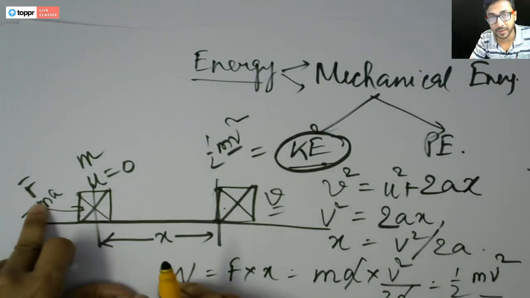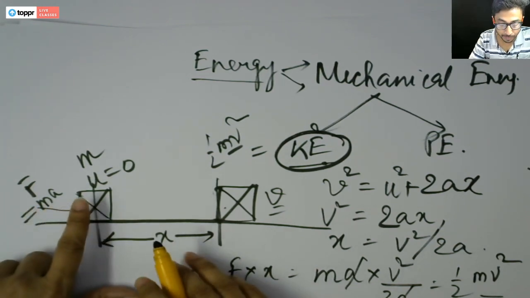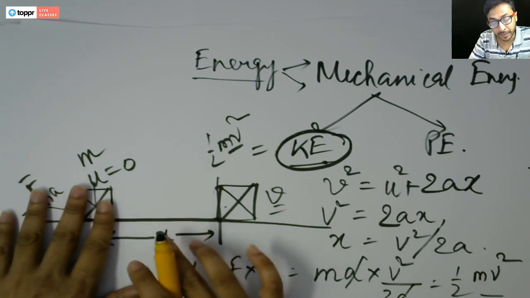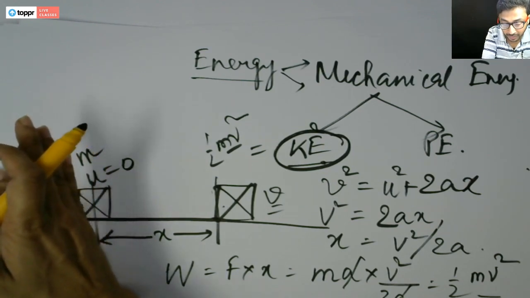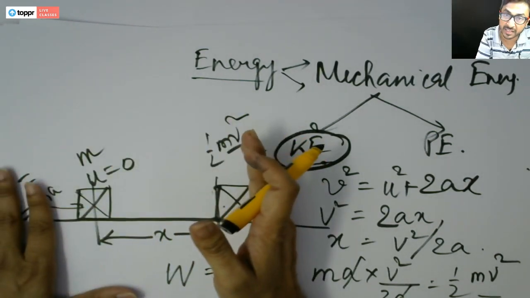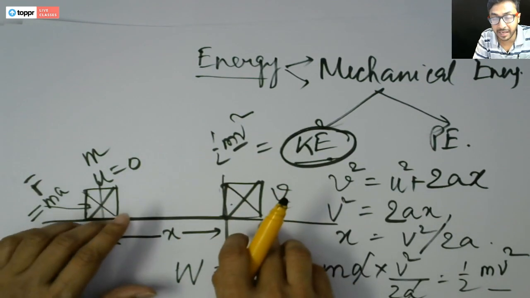half mv squared. Now you can think in this way: as the body was initially at rest when force was applied, the force has done a work which is equal to F into x, and the work has been completely converted into the kinetic energy of the body.